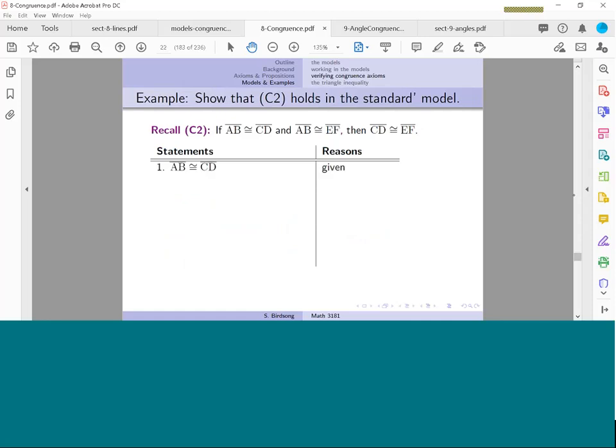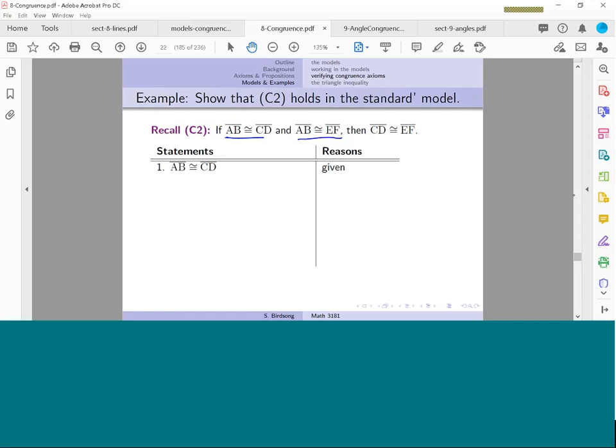You grab your givens, and in this case, you actually have two pieces of information that are given. You have both AB is congruent to CD and AB congruent to EF. You could totally put them right here. I'm going to hold on for just a second and put that second piece of information in just a second. Instead, I'm going to reinterpret this idea of line segment AB congruent to line segment CD in terms of the distance function.